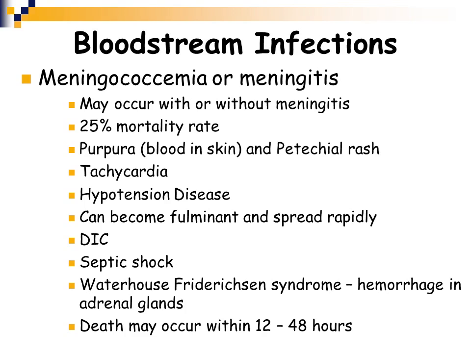It can become a fulminant infection very quickly, spread throughout the body. It could cause DIC, or disseminated intravascular coagulation. It can lead to septic shock. Neisseria meningitidis disseminated infection can cause what's called Waterhouse-Friderichsen syndrome, which causes hemorrhaging in the adrenal glands and leads to kidney failure, and death can occur within 12 to 48 hours.